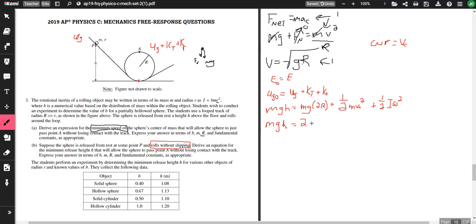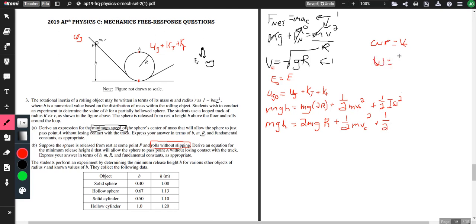So 2mgR plus 1/2 m vc squared. That's this term, vc for center of mass, plus 1/2.